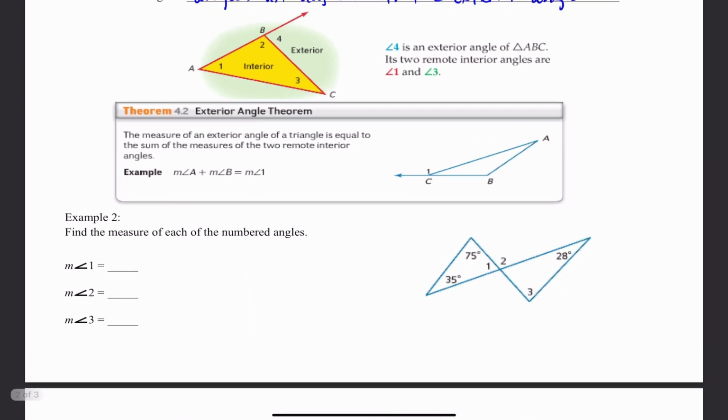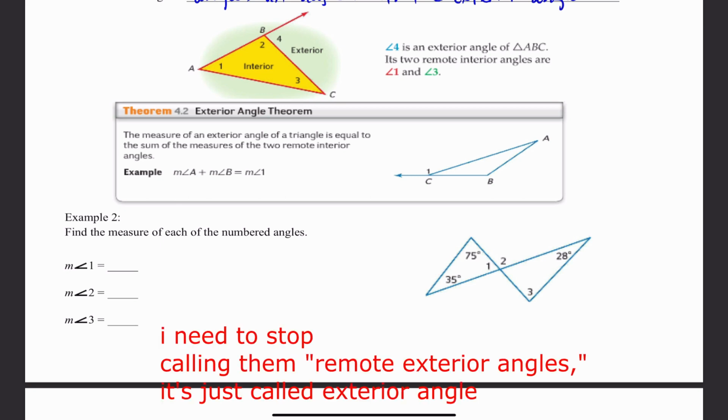Theorem 4.2, the exterior angle theorem, states that the measure of an exterior angle of a triangle is equal to the sum of the measures of the two remote interior angles. So this angle is outside of that triangle, and that's my exterior angle.